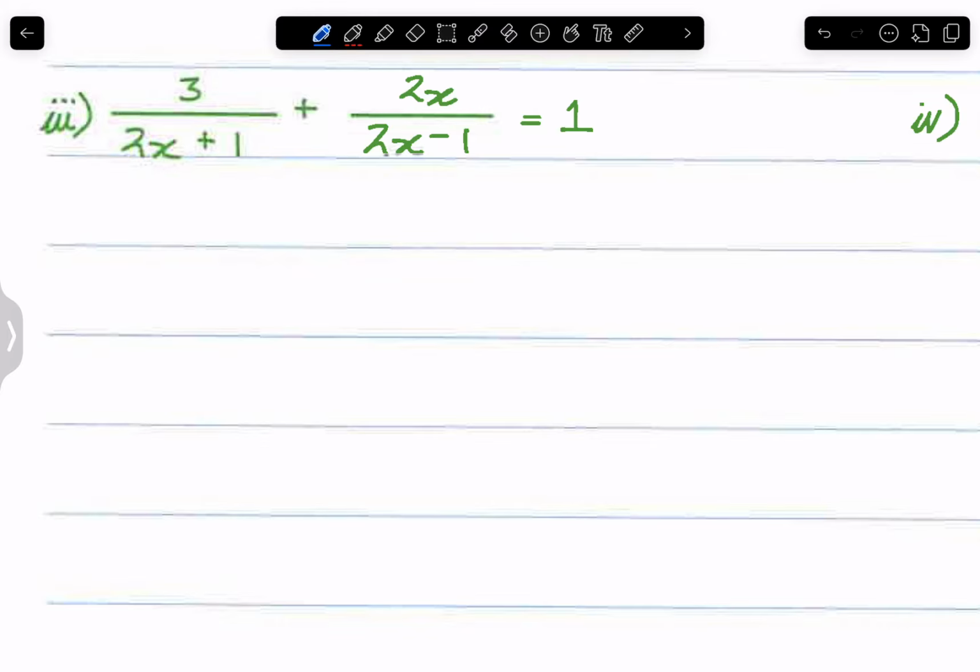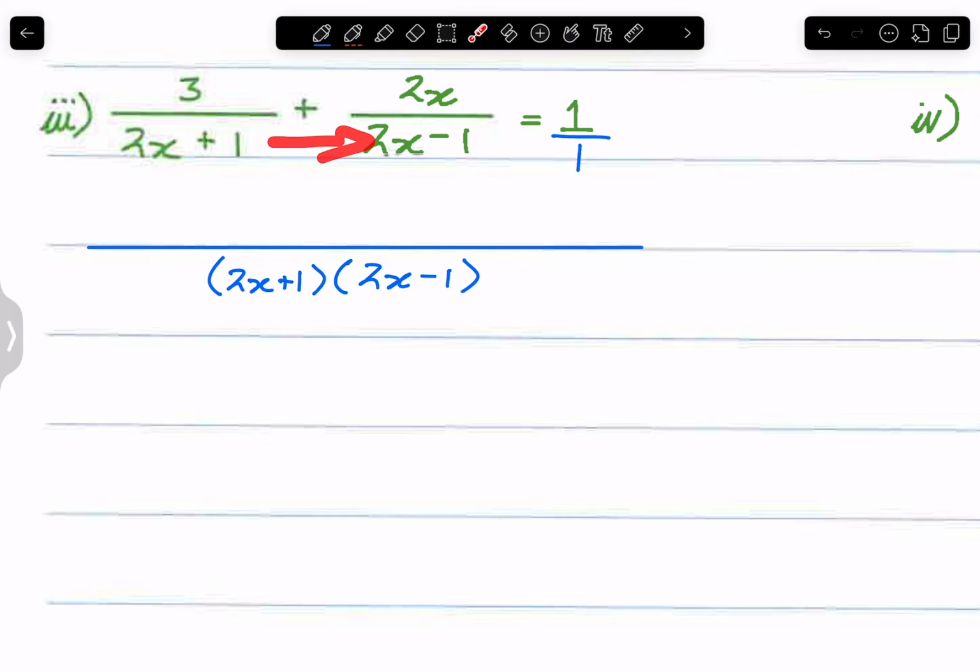We still treat anything here with a denominator of 1, and we're still thinking about the lowest common multiple. Whenever we have these more complex denominators, we just multiply them as a group. So this becomes 2x plus 1 times 2x minus 1. So our lowest common multiple is the product of these two groups, and we just leave it like this.